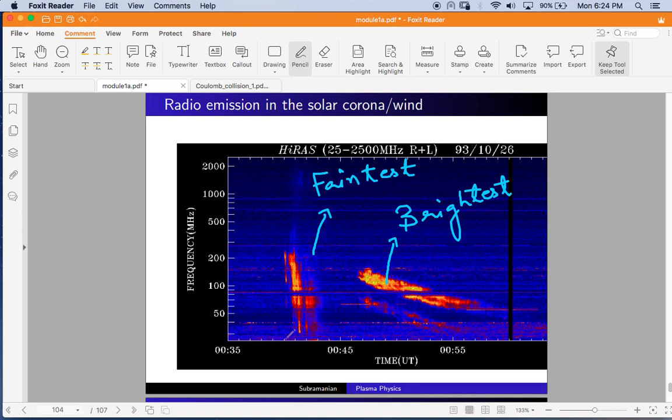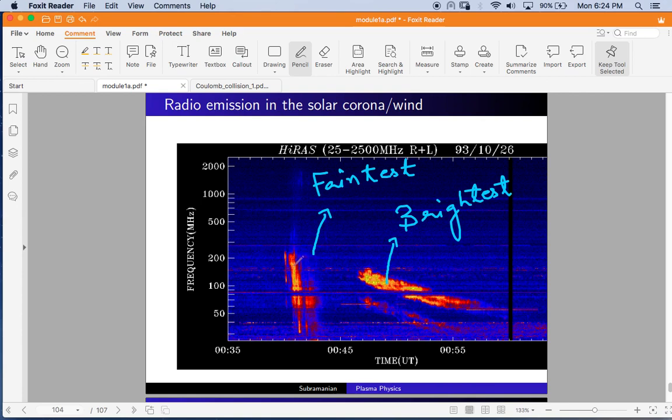Roughly starting from here up until here, you've got something in the solar corona. Why do we know that it's the solar corona? We will come to that. It has to do with the fact that the plasma frequency is proportional to the square root of the electron density.